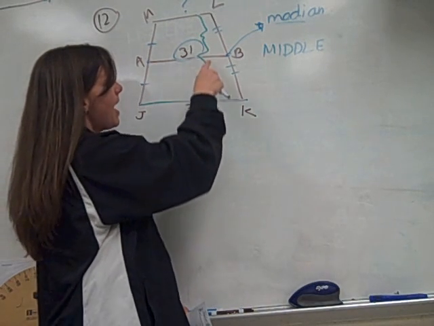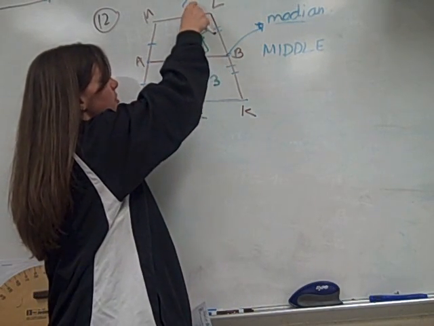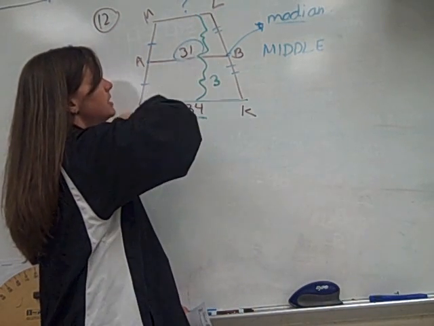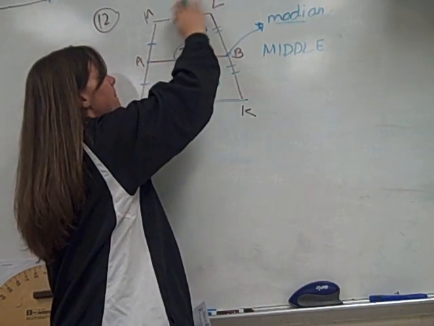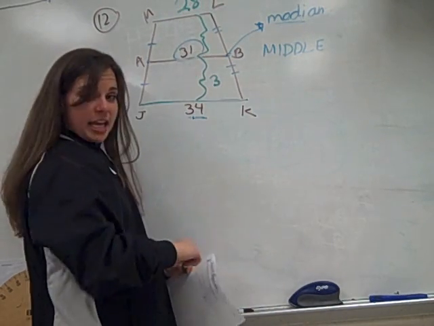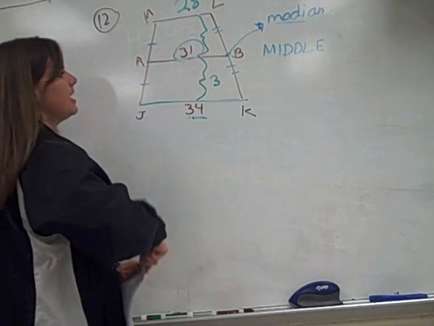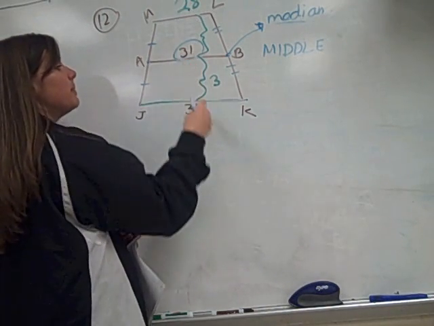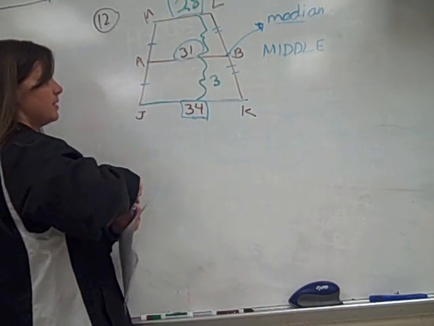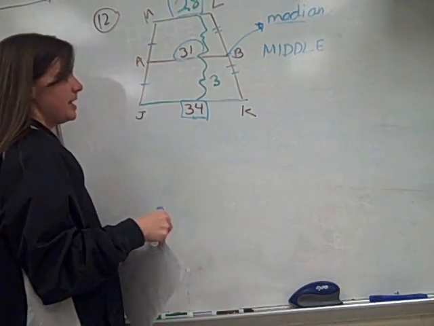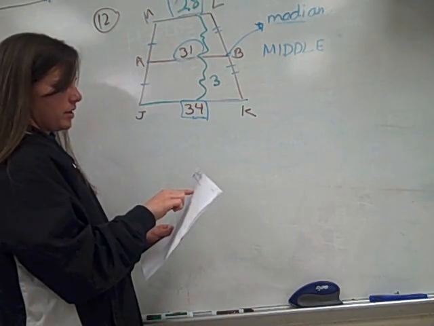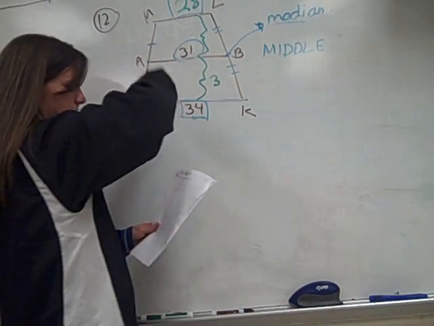So, where am I going to be at if I take away 3 from this 31 to get my smaller base? Isn't that number going to give you 28? Check it. Is 31 right in the middle of 34 and 28? You can check it, and yes it is. So what's the answer for number 12? Your answer is 28, and that is answer C.